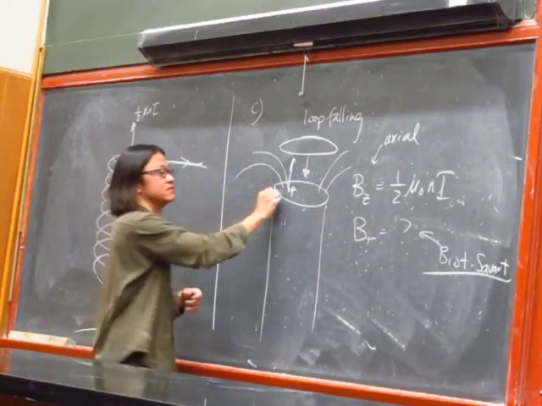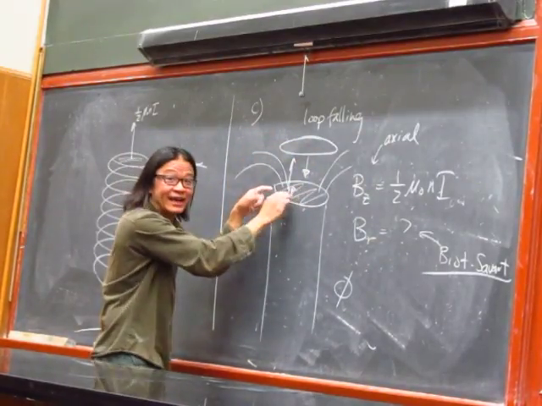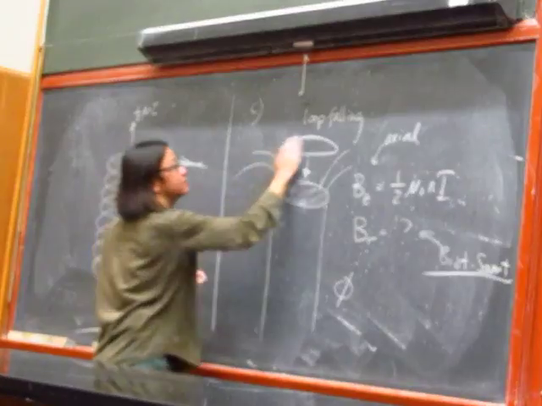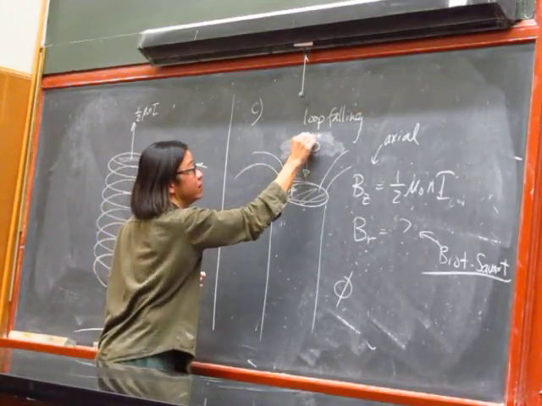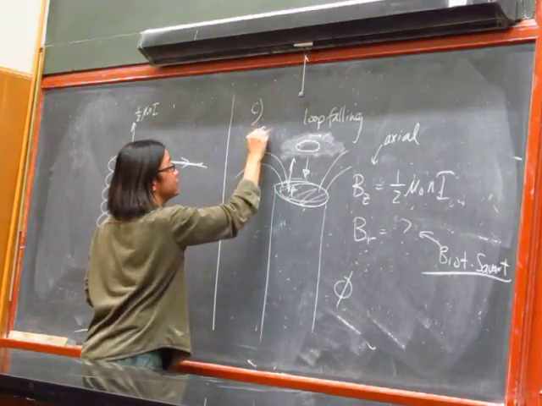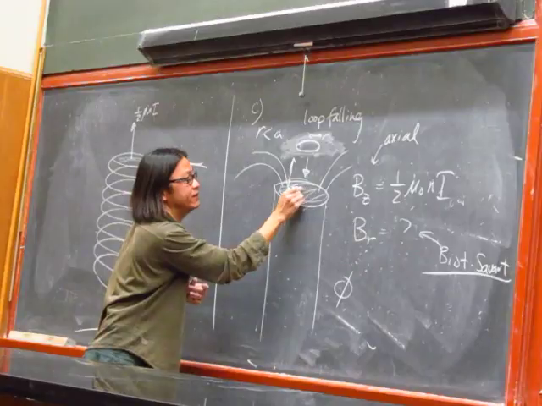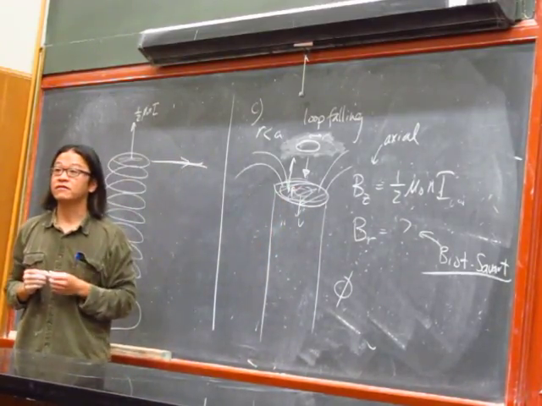Consider the loop falling exactly when it's at the surface of the solenoid. You can consider the loop to be of any radius r, where r is less than a. And it just happens to be falling right there. You know how to calculate the flux.